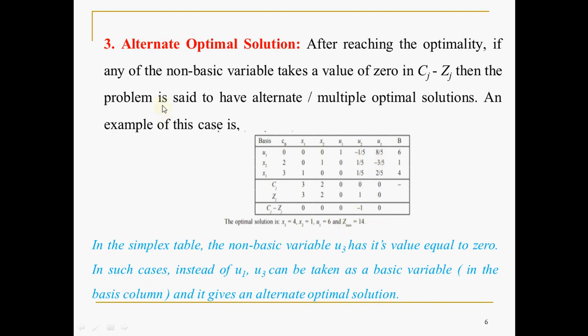This is referred to as alternate optimal solution or multiple optimal solutions. You can guess here itself whether the problem will have an alternate optimal solution or not. If it is asked to find the alternate optimal solution only, you have to think. Otherwise, this is the final solution. Alternate means it will have the same answer of Z max or Z min.